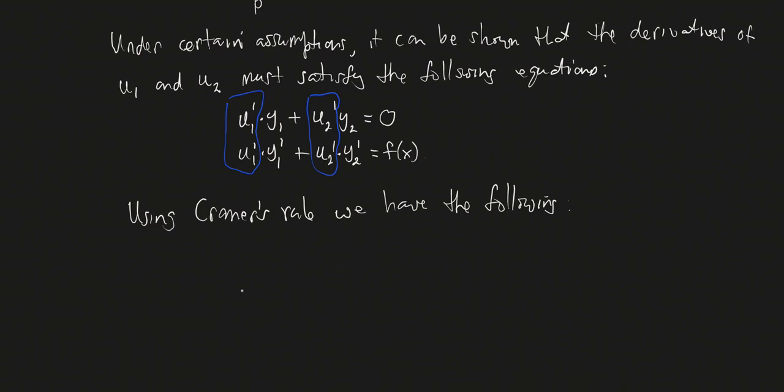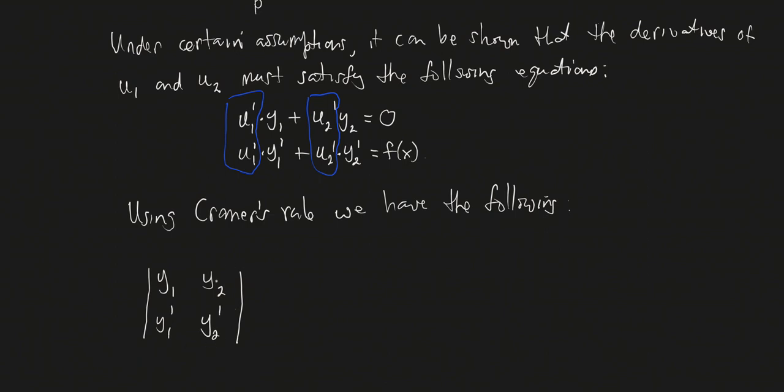The first determinant is the determinant of the original coefficients. Now, what are the coefficients? Since the u's are the unknowns, then the y's become the coefficients because I know y1 and I know y2. Those functions make up my fundamental set. So here's the first determinant: y1, y2, and then y1 prime, y2 prime.